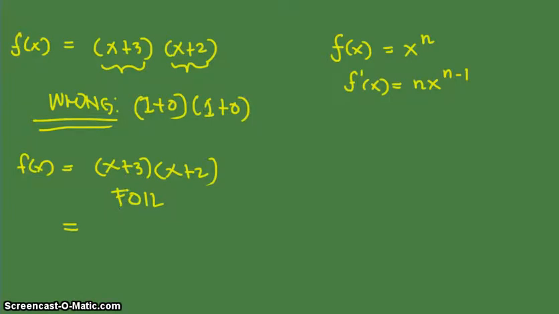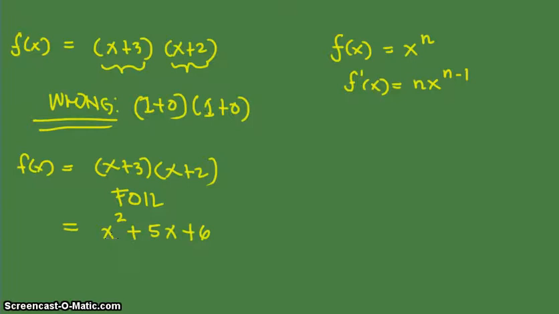The product of x plus 3 and x plus 2 is x squared plus 5x, because I know that this is 3x and this is 2x. The sum of 3x and 2x is 5x, and then plus 6.